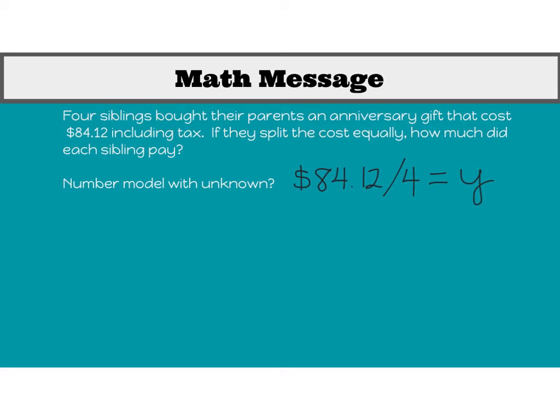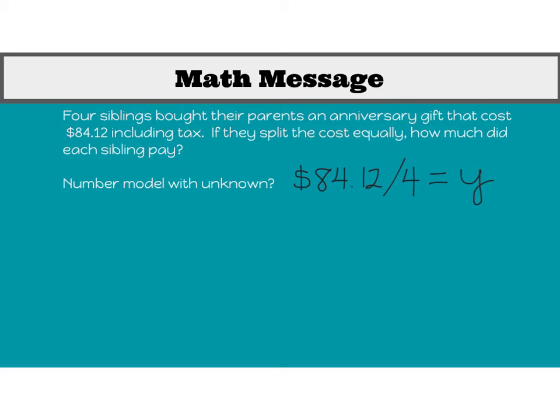Some of you might be thinking about dollar bills and maybe trying to break the $84.12 apart somehow and dividing each part possibly by 4. The fact that it has a decimal point in it, maybe you're thinking about when we multiplied decimals, how we turned them into whole numbers, took the decimal points out. So some of you might be thinking along that line. So either one of those ways would work out.